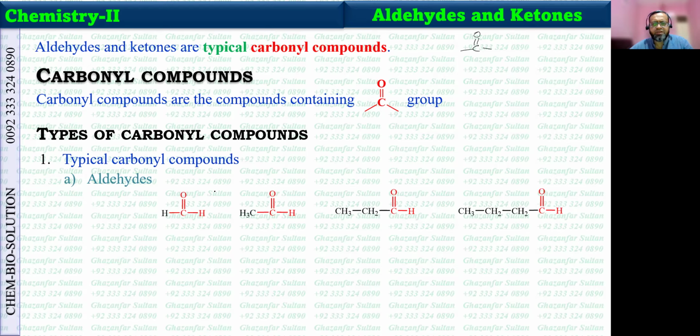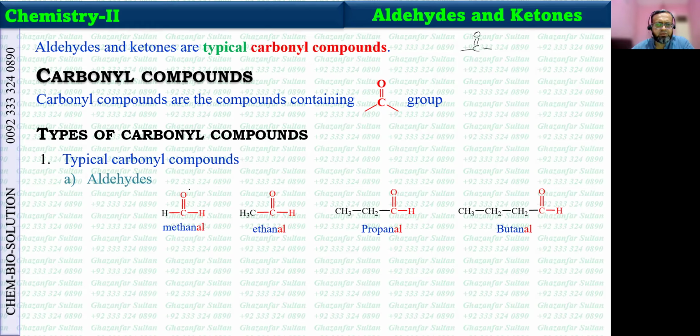In other words, one of the valencies in the carbonyl group is saturated by hydrogen, and this is a must. The other could be an alkyl group. For example, this molecule is formaldehyde, then acetaldehyde, and the IUPAC names are methanal, ethanal, propanal, butanal. So these are the IUPAC names of these compounds.